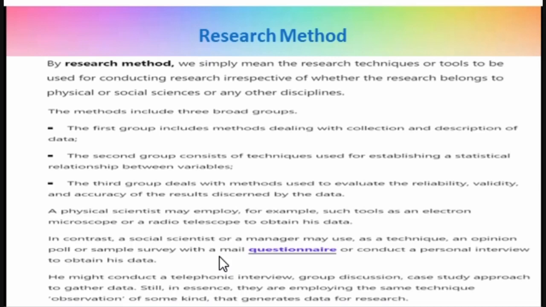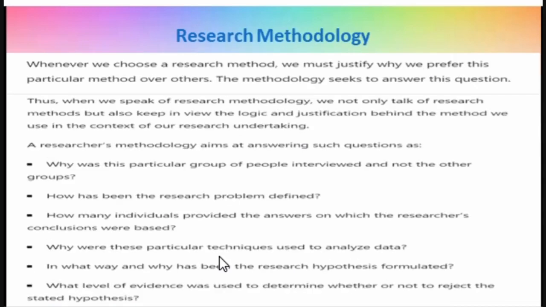Now we are coming to research methodology. Whenever we choose a research method, we must justify why we prefer this particular method over the other. The methodology seeks to answer that question. In a simple sense, I have used Google Forms to collect my data. But there are other ways to collect data also.